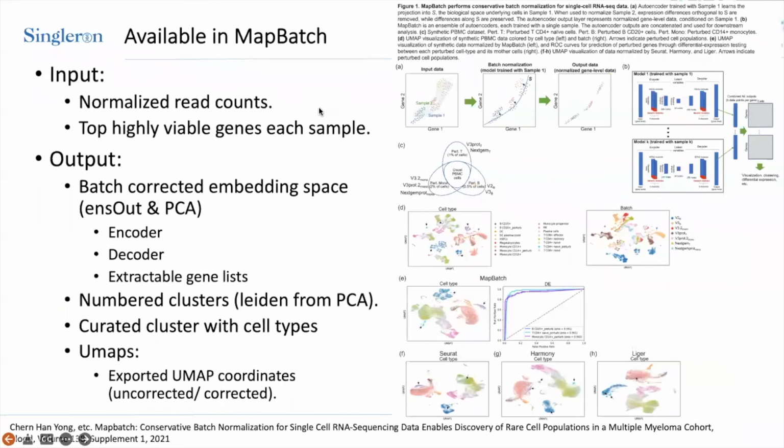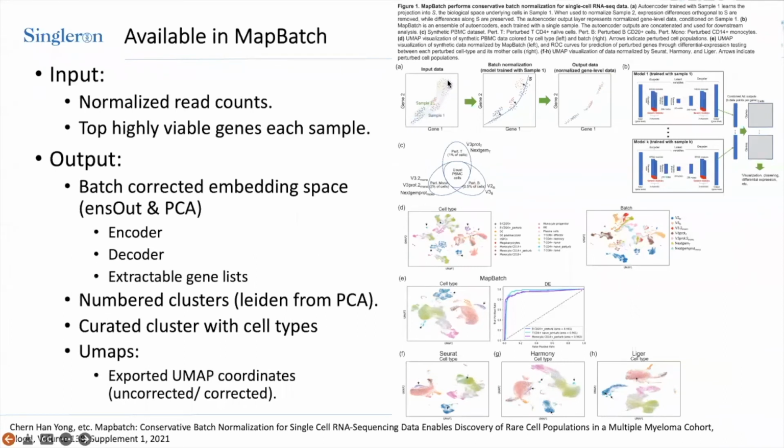The next part is MapBatch that we have seen. MapBatch was developed by Dr. Chen Han and a close collaborator in Singapore. It makes use of autoencoder trained samples. Here is a schematic explanation of how the method works.